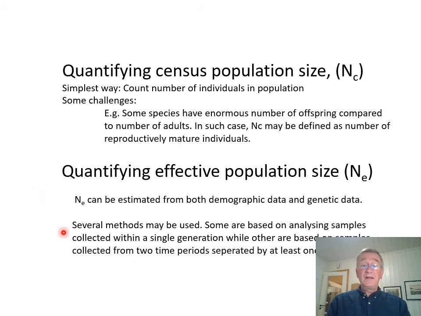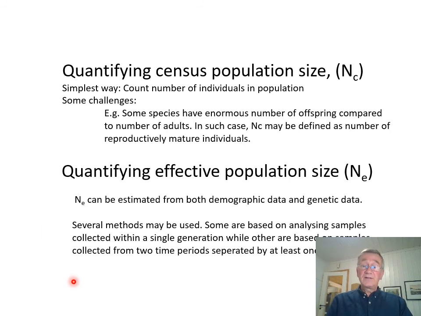And it can be estimated from demographic data, that means how a population behaves, and you can also use genetic data, where we can take samples from individuals or from organisms, and we can analyze them, and we can draw some conclusions about the effective population size.